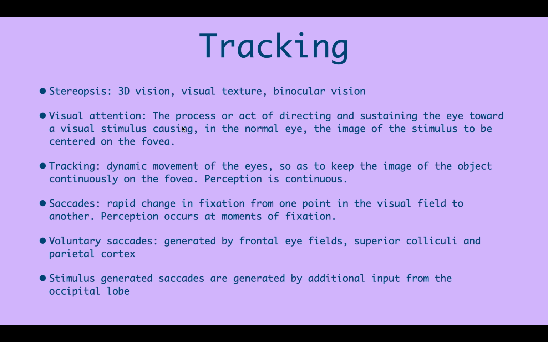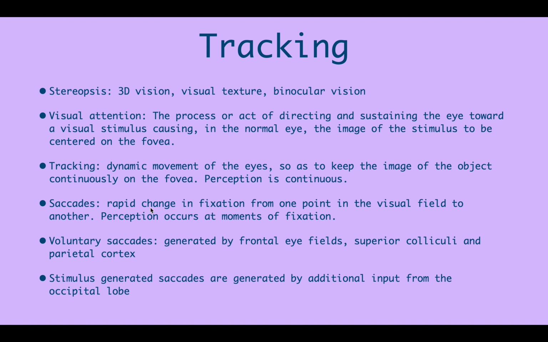So this is the process or the act of directing and sustaining the eye towards a visual stimulus, causing the image of the stimulus to be centered onto the fovea. So fovea has the sharpest vision, so we want to focus on that. Like our attention is going to be focused on the clearest vision. And that's useful in tracking, because tracking is the dynamic movement of the eyes to keep the image of the object continuously on the fovea.